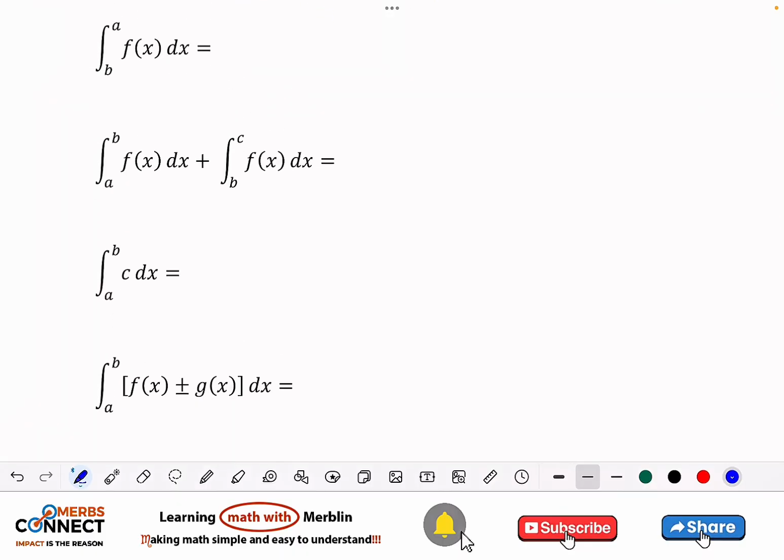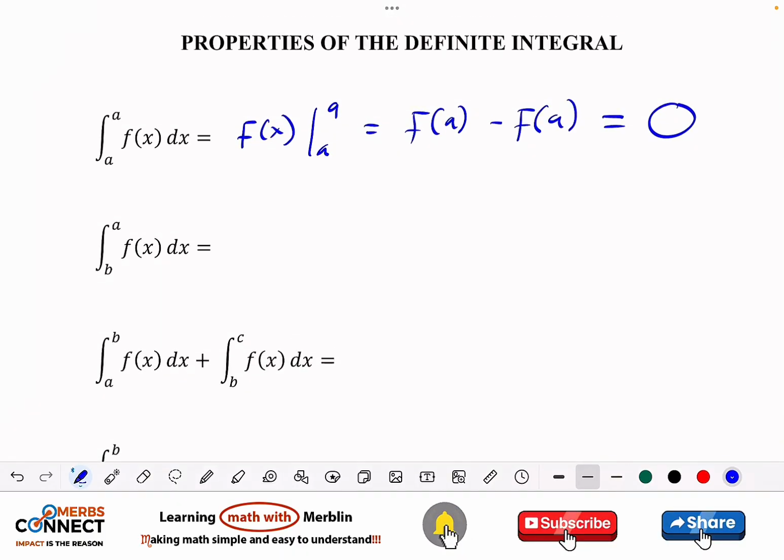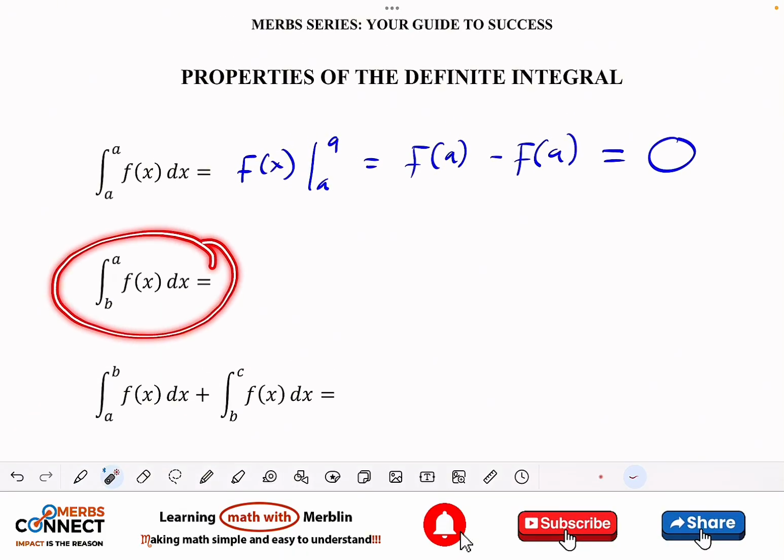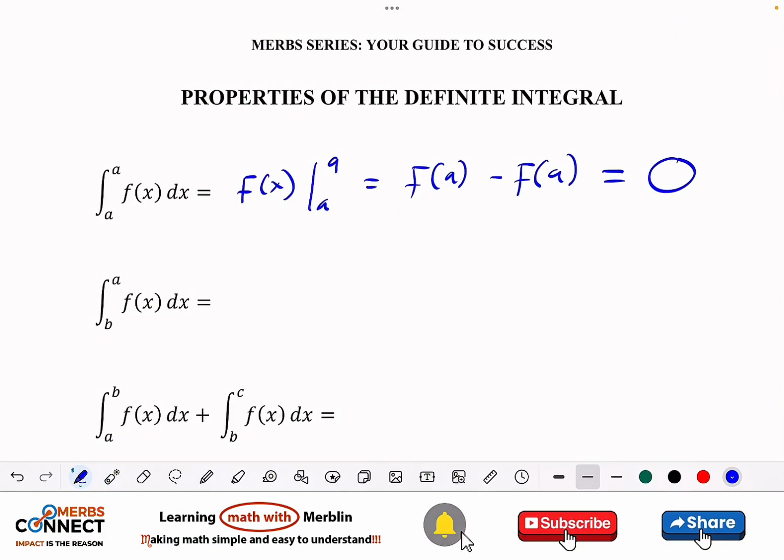Another thing we need to learn is this: we can write this one as minus the integral from a to b of f of x dx. Why am I writing the minus? I can write this one with a minus and switch the order, because we know that we subtract.